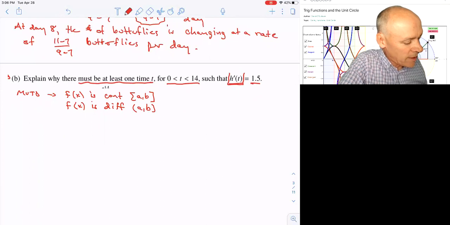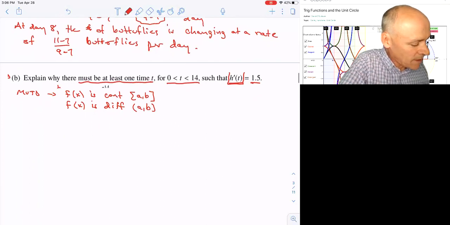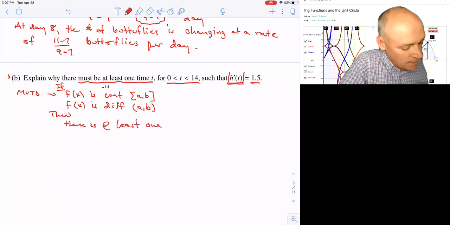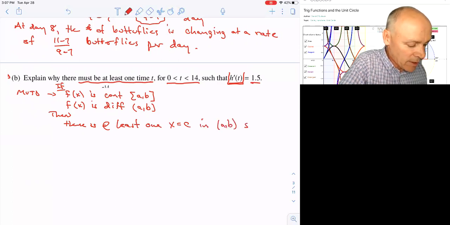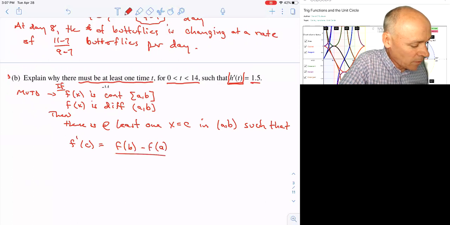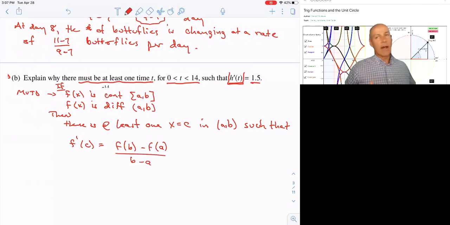If I've met those two criteria, then my conclusion is that there is at least one x equal to c in my open interval a to b, such that f prime at c is equal to f at b minus f at a over b minus a.